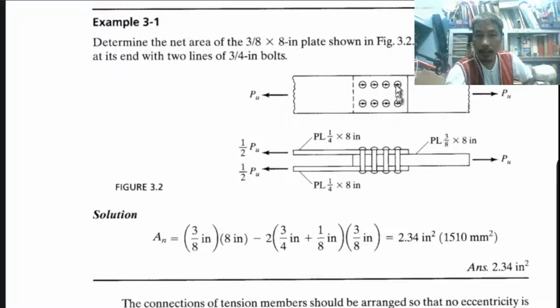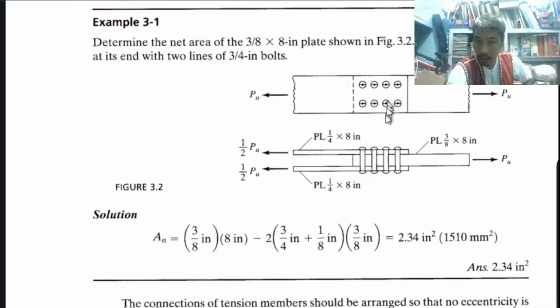That's why we are only subtracting 2, because there are only 2 bolts in a single line of cross-sectional area.